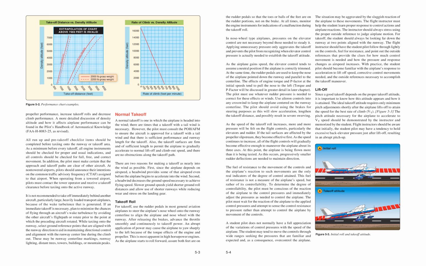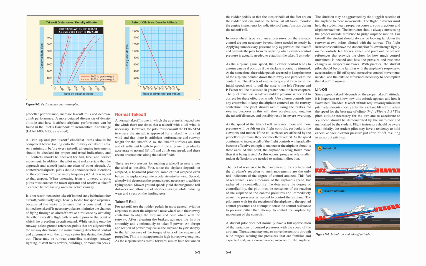Feet. Altitude. Density. 7,000. 6,000. 5,000. 4,000. 3,000. 2,000. 1,000. 0.